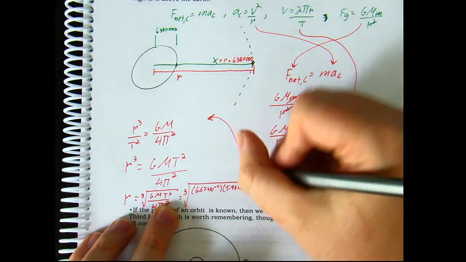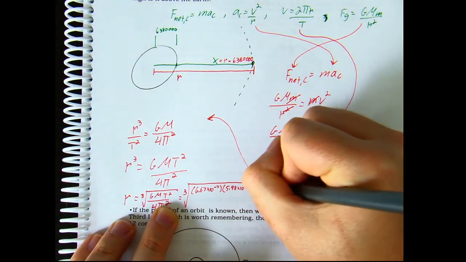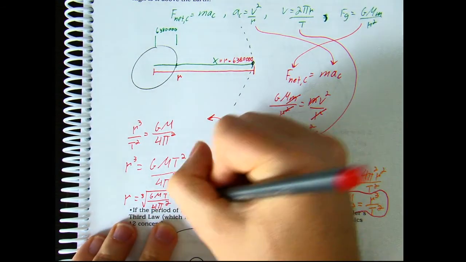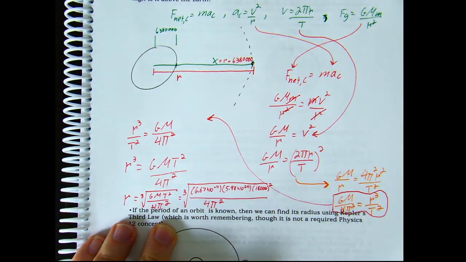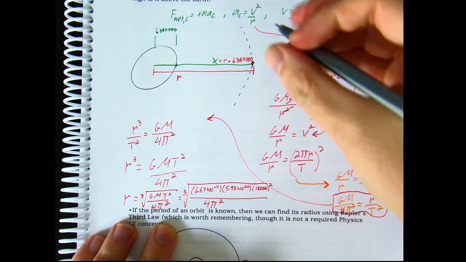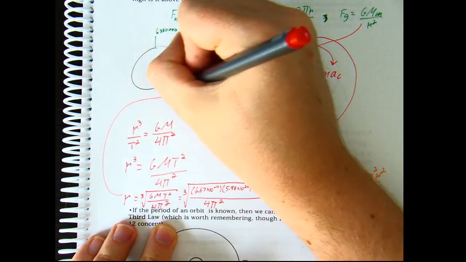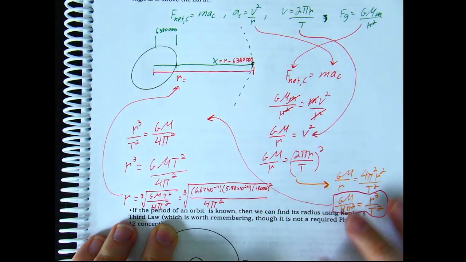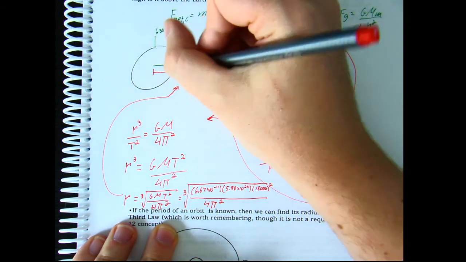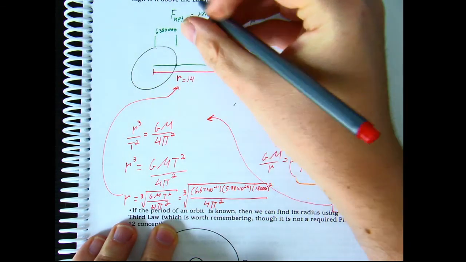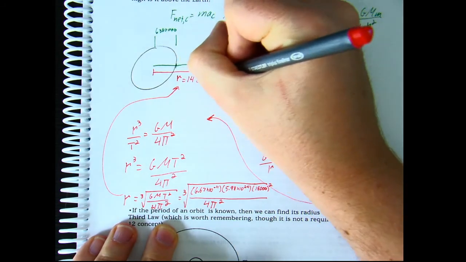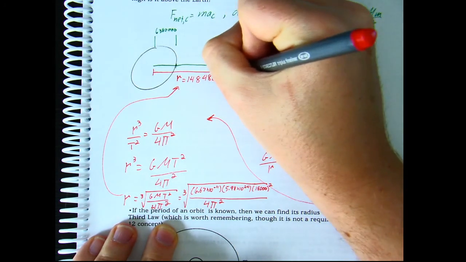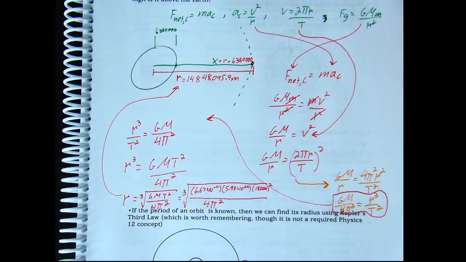So we're going to multiply this by 18,000 squared divided by 4 pi squared. And we're going to get a value for R, which I'm just going to throw up here. We get that R equals, if you want to do this calculation for me, you'd be welcome to verify it, 14,848,095.9, and that's in meters.